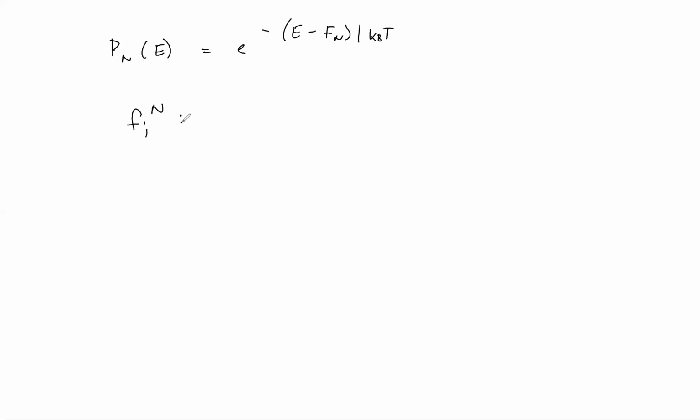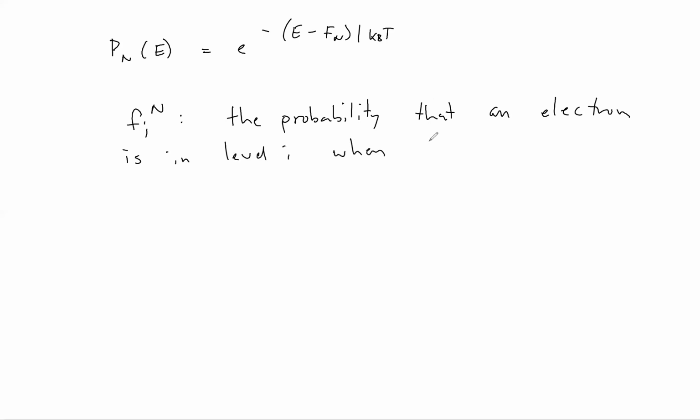So we'll use this to mean the probability that an electron is in the single particle level i when the n electron system is in thermal equilibrium.